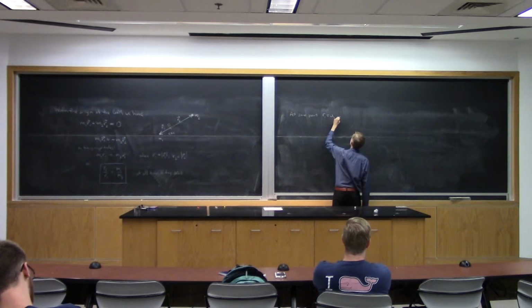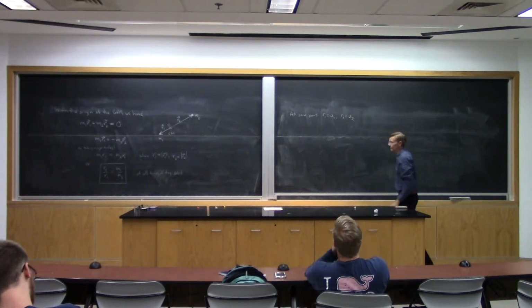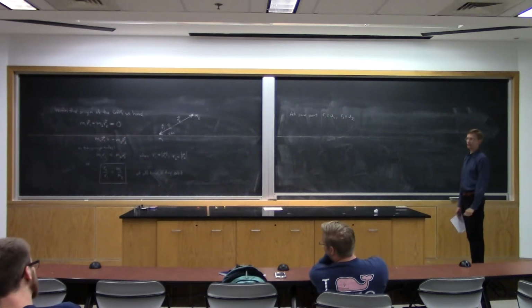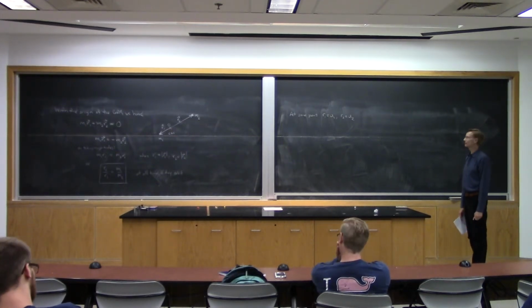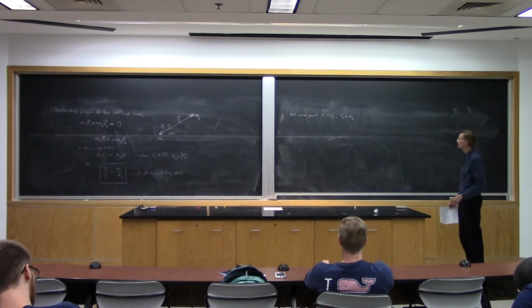Now, at some point, they're the semi-major axis distance away from the origin, somewhere along the line, because the orbits are the same shape. At the same moment, they'll be their respective semi-major axis distances away from the center of mass.